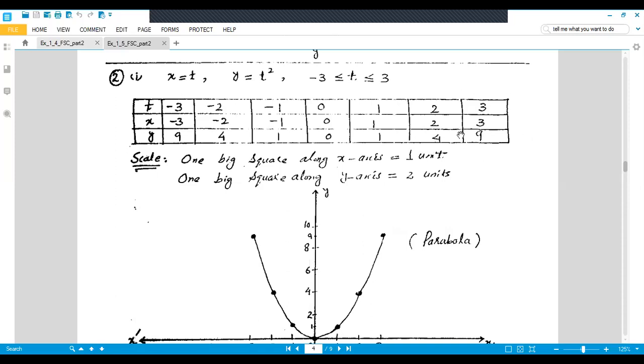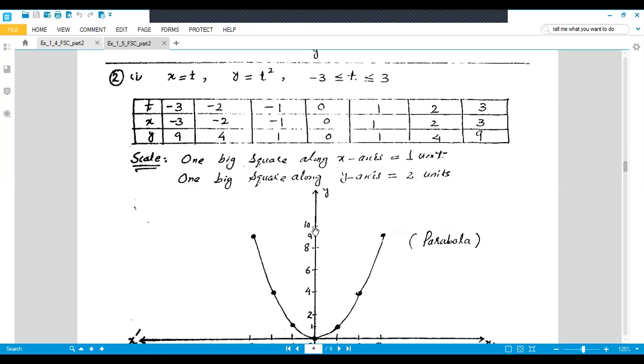From this table, we draw the graph. One big square, or you can say 10 small boxes along the x-axis, equals 1 unit. And on the y-axis, 10 small boxes equal 2 units, which means 5 small boxes equal 1 unit. Why? Because on the y-axis the values go up to 9, and on the x-axis up to 3.